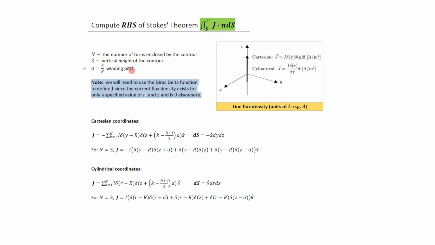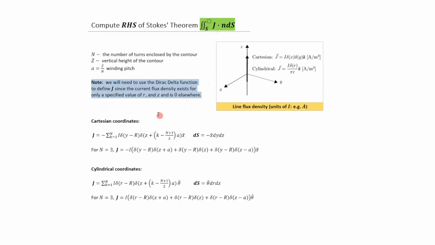Z is the vertical height of the contour, and A, which is Z divided by N, is the winding pitch. Okay. Now, because we have filamentary wires poking through our surface, we're going to need to use a Dirac delta function to find J, since the current flux density exists for only specified values of R and Z and is 0 elsewhere. And since we formulate the problem both in Cartesian coordinates and cylindrical coordinates, I've written them out for both cases.